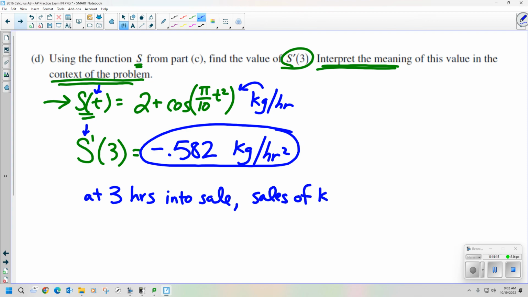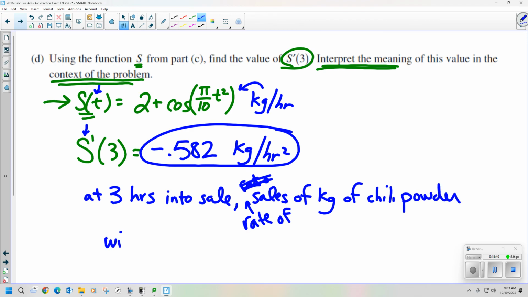The rate of sales of kilograms of chili powder will decrease at negative 0.582 kilograms per hour.